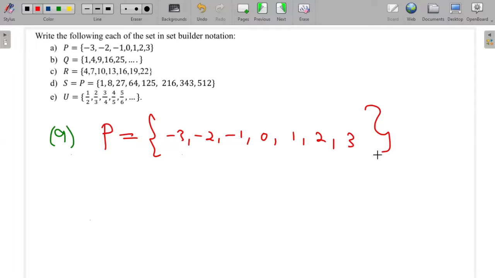Anything to add on? Natural numbers? No, they're not natural numbers, these are integers, from 1 to 3. Mr. Jasper, what did you say?